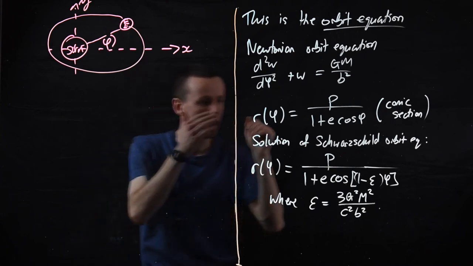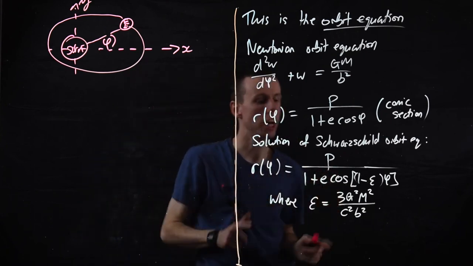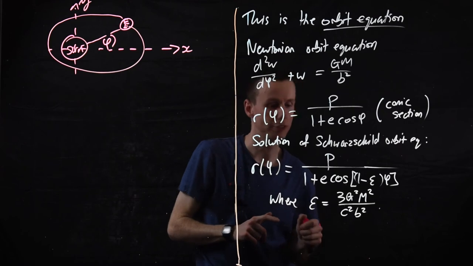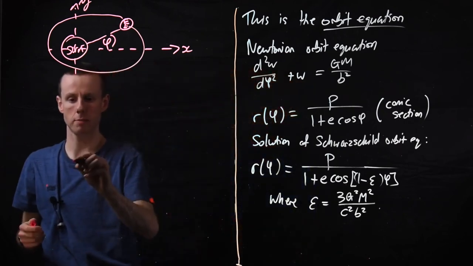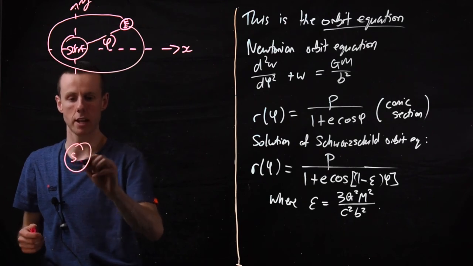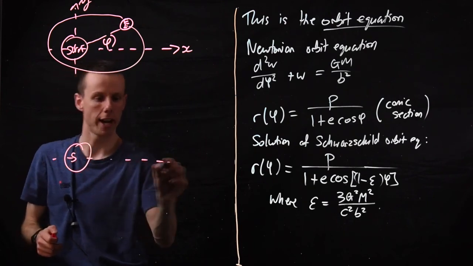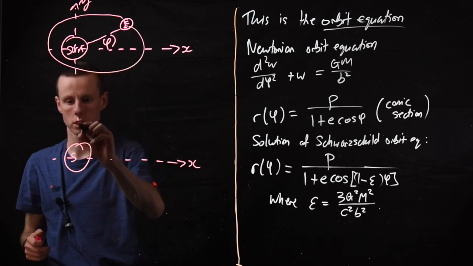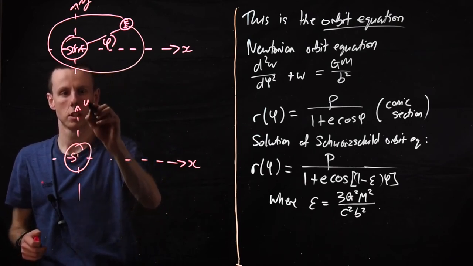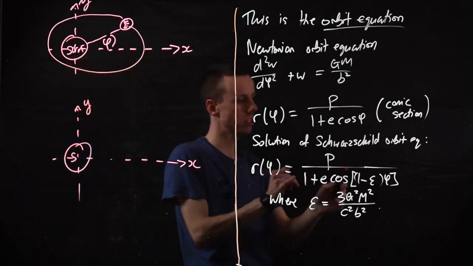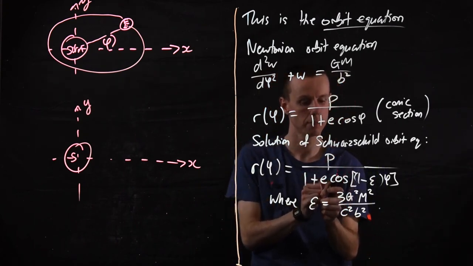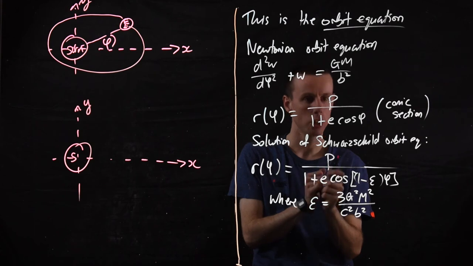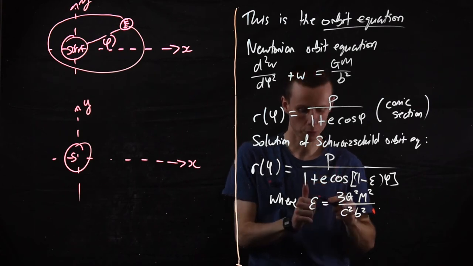But in general relativity, in the Schwarzschild metric, it's slightly different. So the Schwarzschild solution, let's think about that. Again, here's the Sun, and here are our xy axes. Now, this function is not quite periodic in 2 pi.